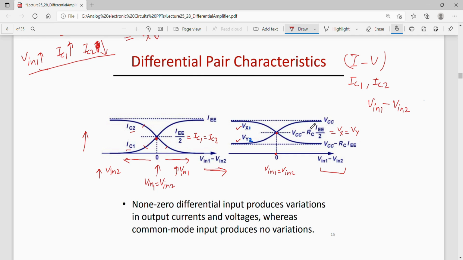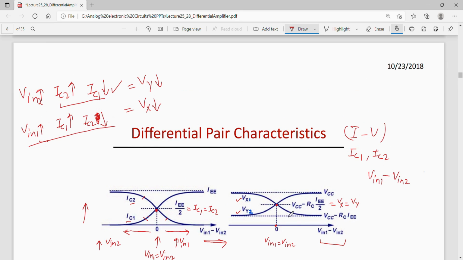Okay. Then when Vin1 increases, the differential input is increasing, so that means Vin2 is decreasing. So when Vin1 is increasing, we see Vx should come down, and Vy should increase here.